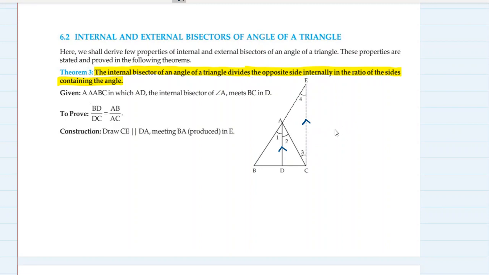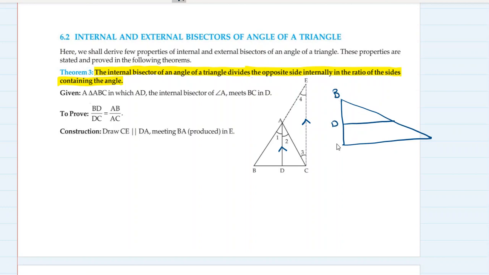Now I want you to look at this triangle in such a way that you can apply BPT in it. I want you to look at this triangle in a horizontal way, like this. I'm drawing this figure just for your reference so that your visualization improves.